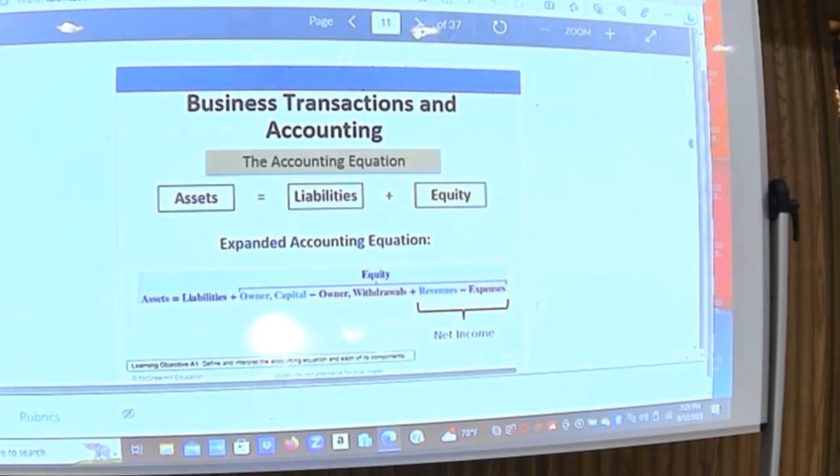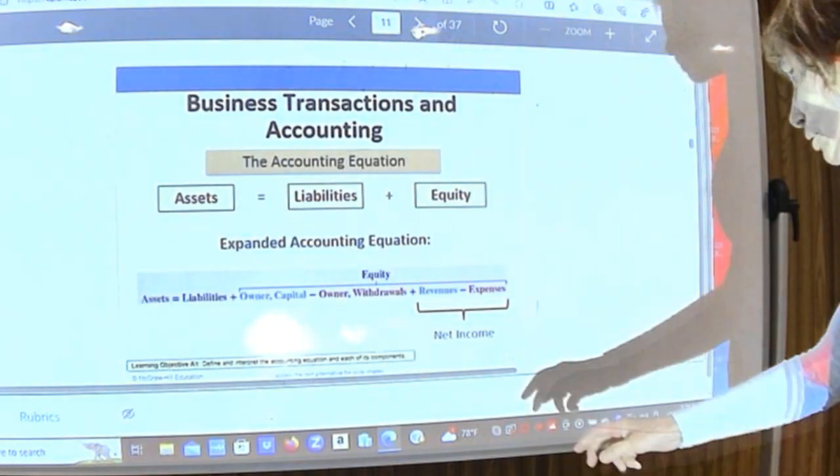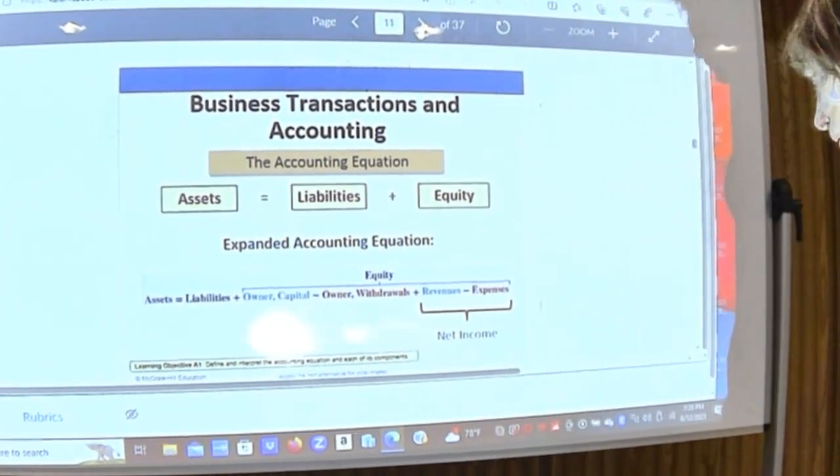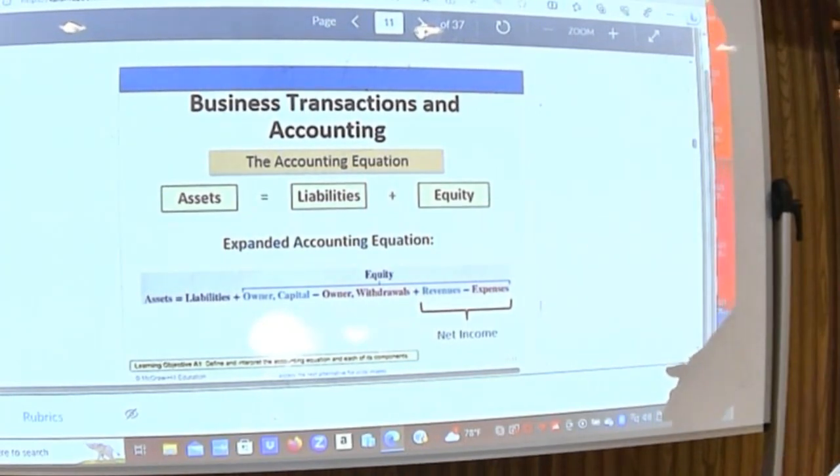We can expand that equation, and it's shown down there at the bottom. Assets equal liabilities plus equity, which is the owner's capital, what he put into the business, minus owner withdrawals, what he takes out from time to time, plus his net income, which is revenue minus expense.